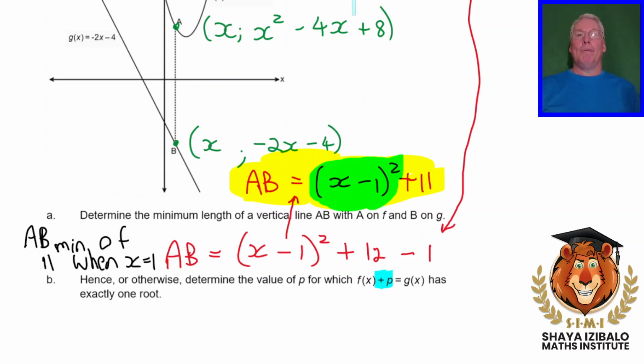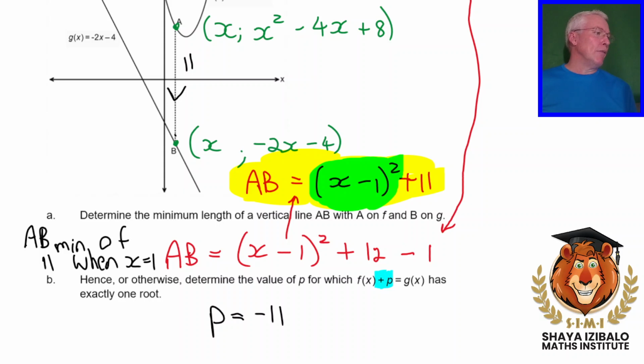But if we were to drop it down, all right, then they would touch at one point. And if we dropped it down enough, they would actually intersect. So the value for p, we need p to be minus 11, because that is the length of this line. All right, and if we drop it down, then point A will be on top of point B.